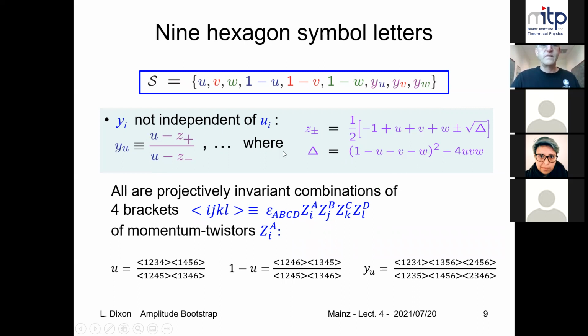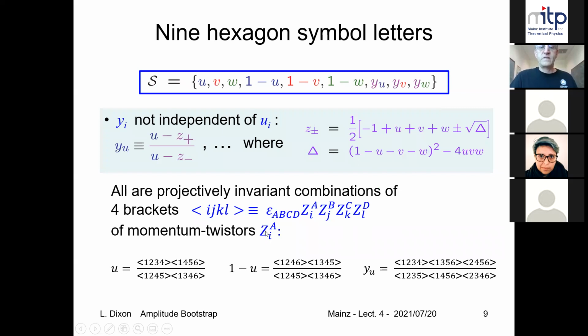These quantities, though, can be written in a more natural way by introducing momentum twistors. I think you heard about momentum twistors from Jake Bourjaily, so I'm not going to describe them in detail here. They're a way of solving the momentum conservation and on-shell conditions automatically, although they have a projective symmetry that needs to be taken into account.